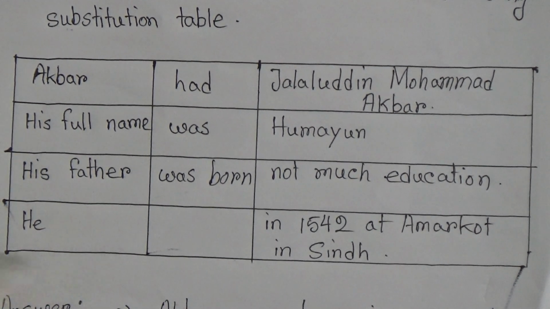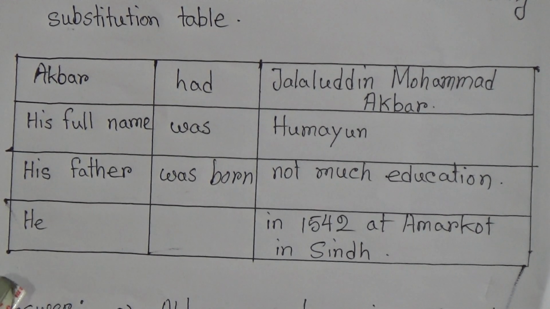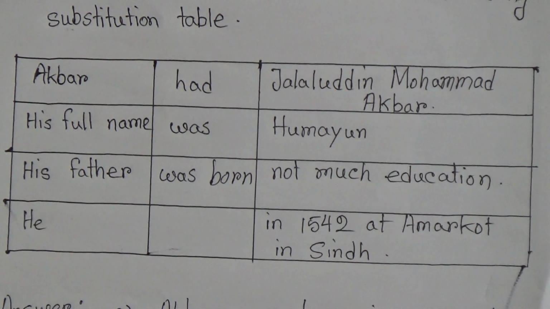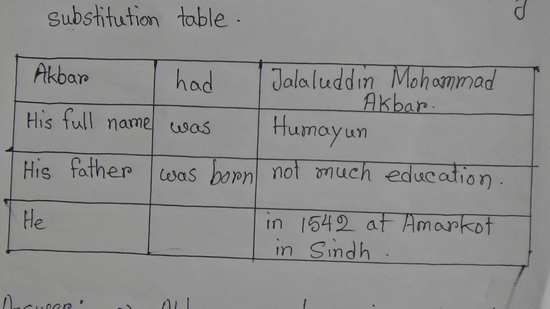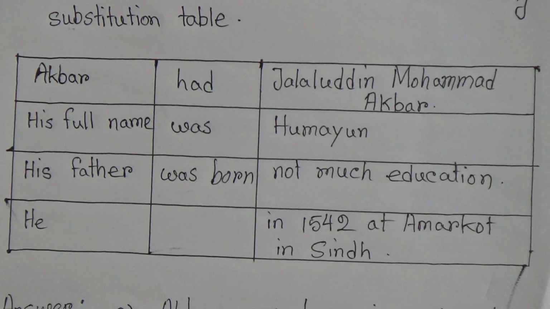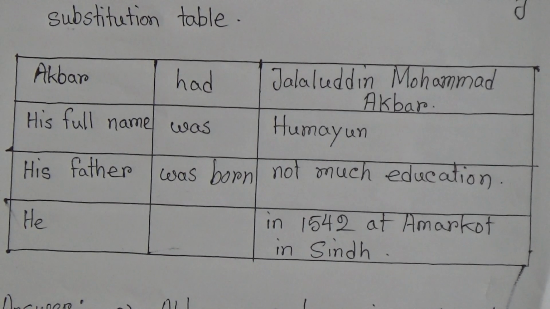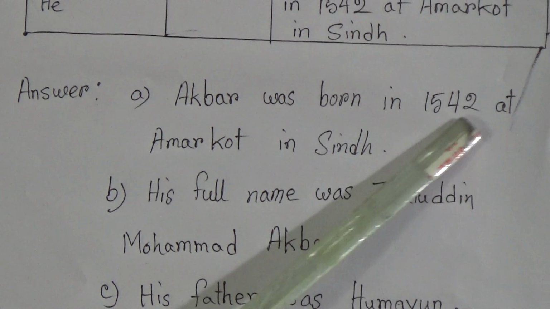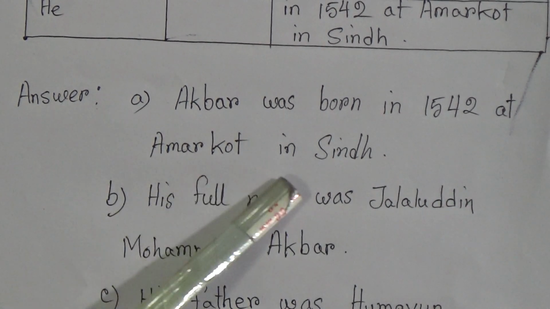So we are going to create 4 sentences out of this substitution table. Let's look at these sentences I have written. Number A. Akbar was born in 1542 at Amarkot in Sindh.